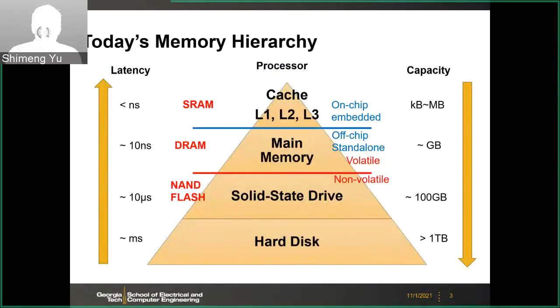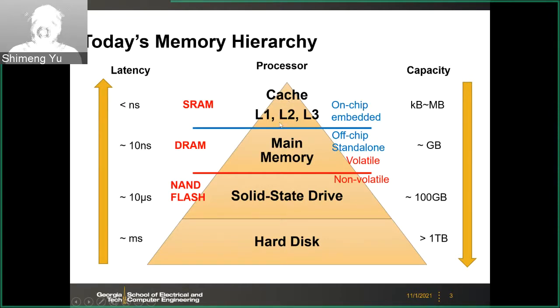So this is a quick recap. We mentioned this memory hierarchy at the very beginning of the semester, and we have already discussed the SRAMs for the cache, and you have L1, L2, L3 caches depending on the speed you may need. And then there's a trade-off within the cache hierarchy.